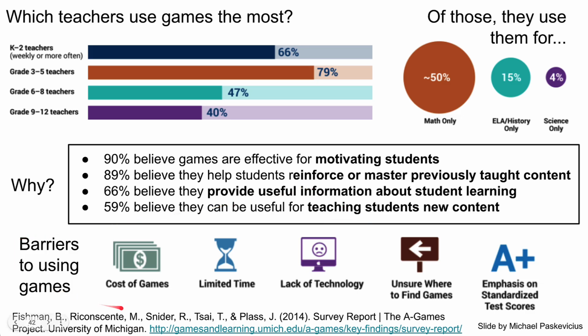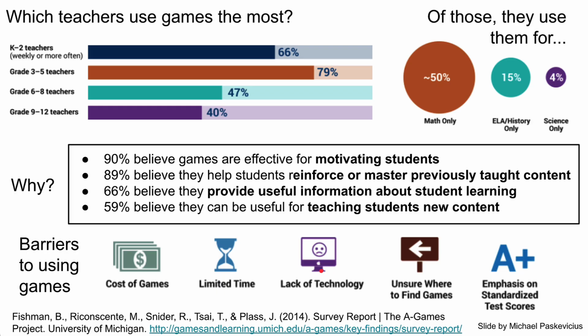And some of the barriers they identify would be the cost of games, which vibe coding could potentially address. Limited time was another issue, and I think that's limited time in the classroom, not limited preparation time for the teacher, but that's obviously an issue. Lack of technology is a big one. That's still going to be an issue if you want to be equitable. So providing kids with the tools they need to play the game is important.